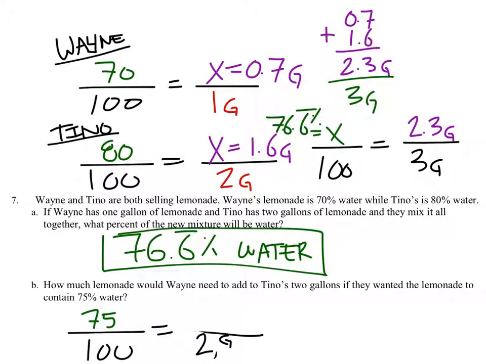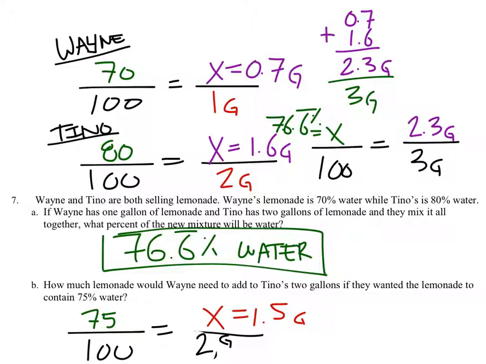So 2 gallons, and this gives us an X value right here. So it's 75%: 2 times 75 divided by 100. This is how much Tino needs, 1.5 gallons. But right now, he has 1.6 gallons. So to get a 75% mixture of water in his, you'd need to take out 0.1 gallons of water, thank you.